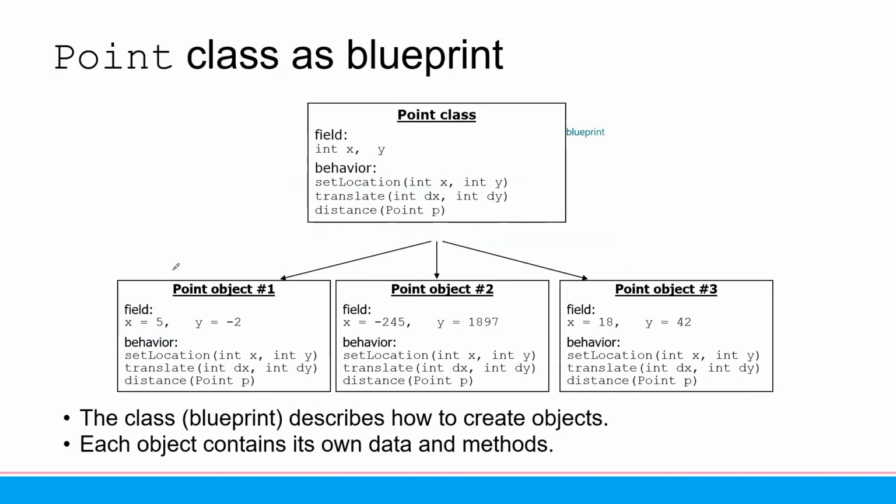When I have point number 1, I will create 5 and minus 2. When I have point number 2, I have another X and Y. When I create point number 3, I also have another X and Y. So this blueprint will be the basis to create your object. Each object contains its own data and methods.